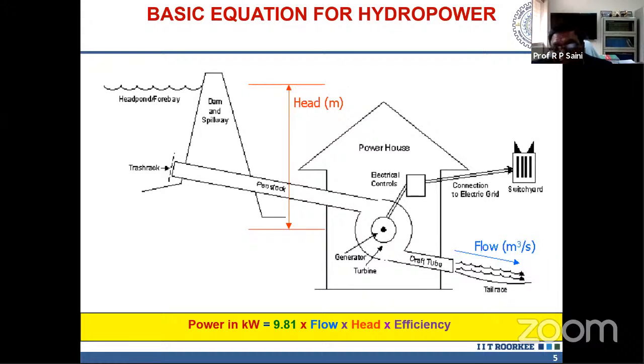Mass cannot be measured directly in order to estimate the potential energy, but it can be measured through the flow rate. The flow rate is how much volume of water is flowing per unit time. Volume can be in liter, cubic feet or cubic meter. Ultimately, we measure this flow rate in cubic meter per second. So these two things you have to measure.